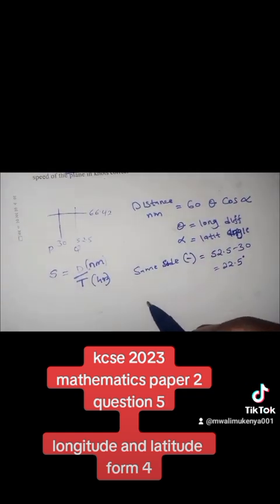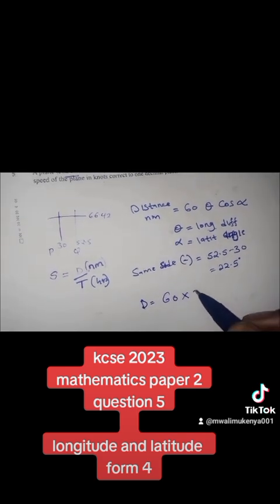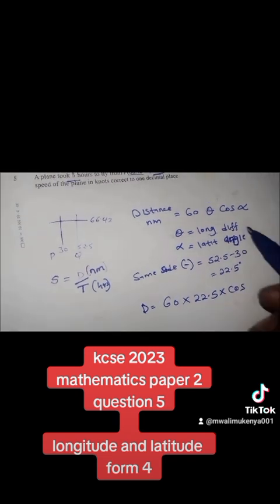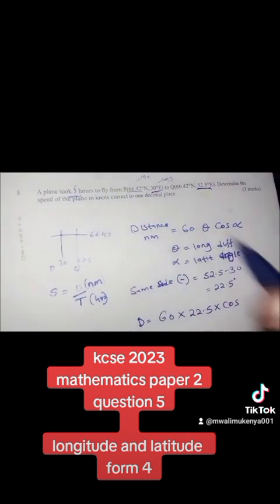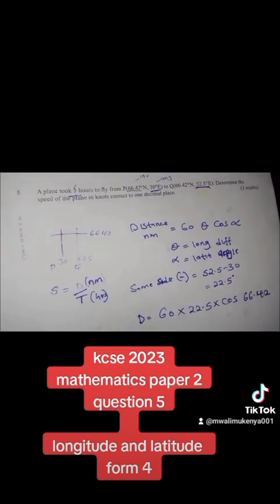Therefore, you take 52.5 minus 30, that is 22.5 degrees. To substitute in my formula, the distance is equal to 60 times 22.5 times cos of the latitude angle, which is the same for both, 66.42.